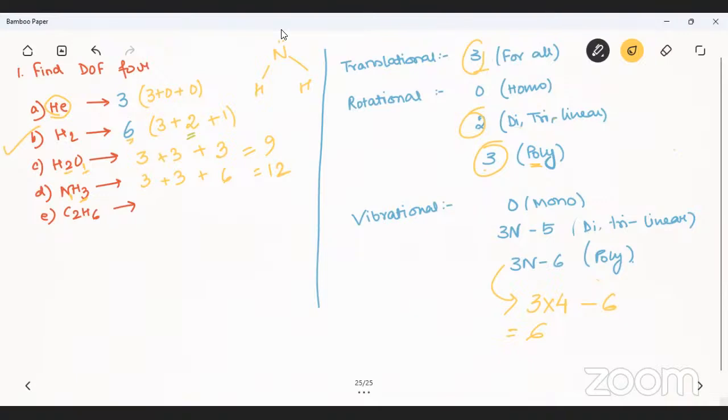Okay, now say for C2H6. What is C2H6? C2H6 will come a huge number. Ma'am, it is 24. Yeah, 24, very good. Everyone understood how it is coming 24?